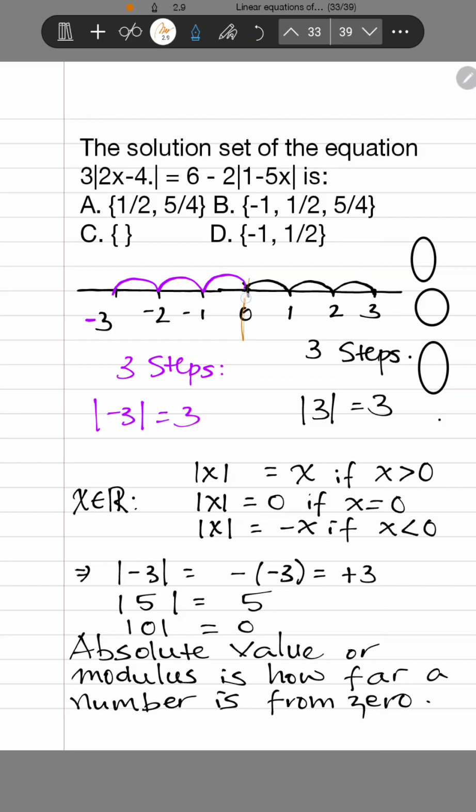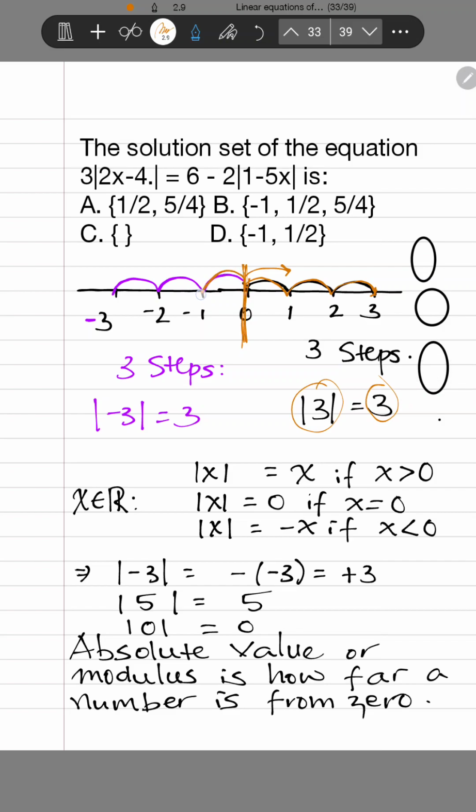Let's see here. We have 0 on this number line. To the right of 0 we have positive values. Let's take 3 steps here. 1, 2, 3. How many steps have we completed? 3. So the absolute value of 3 is just 3. The same thing here.